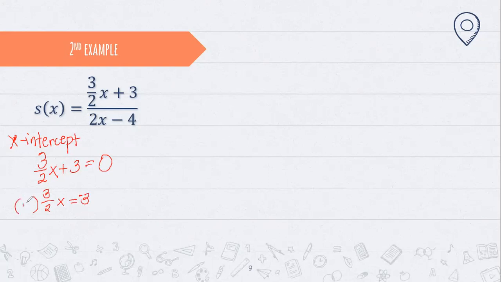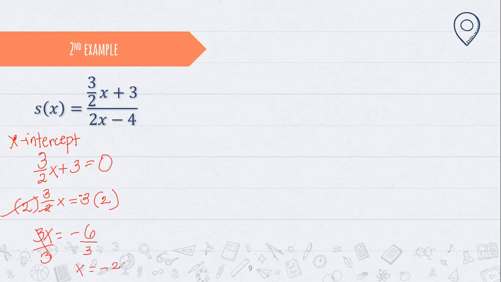Multiply both sides by 2, cancel. So, negative 3 times 2. So, we have 3x is equal to negative 6. And then divide both sides by 3. So, x is equal to negative 2.